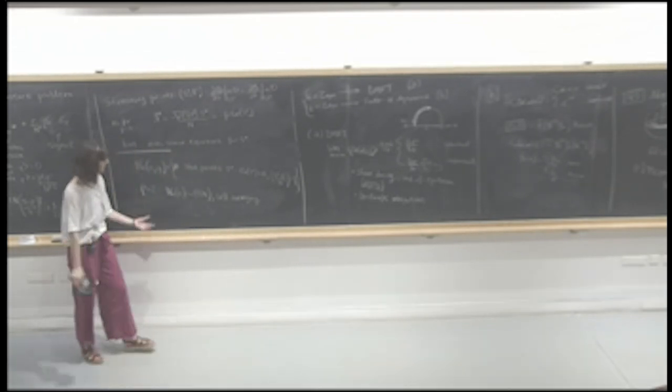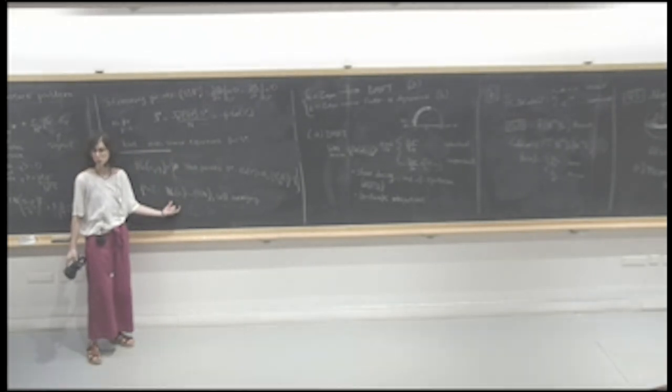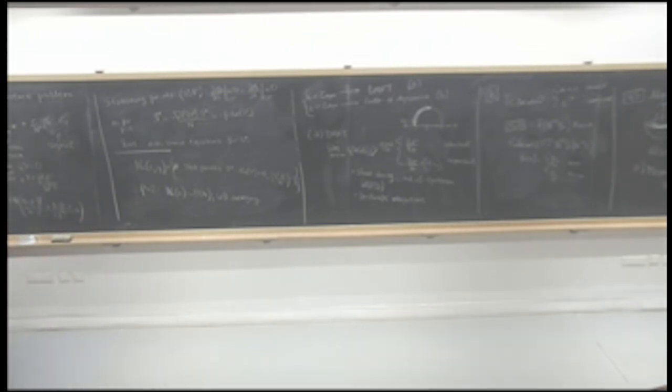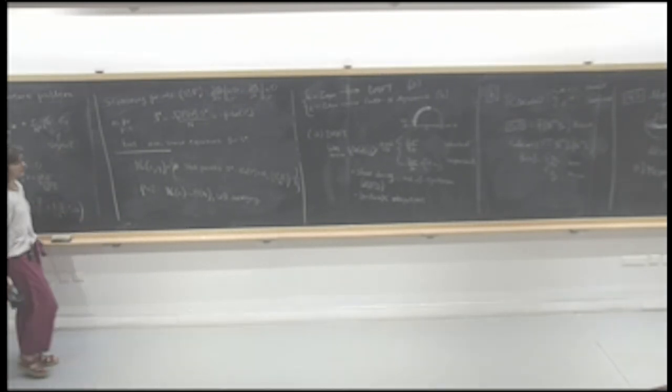So if I look at this quantity divided by 2n, the distribution in the limit n going to infinity concentrates around the typical value that is given by my semicircular law.